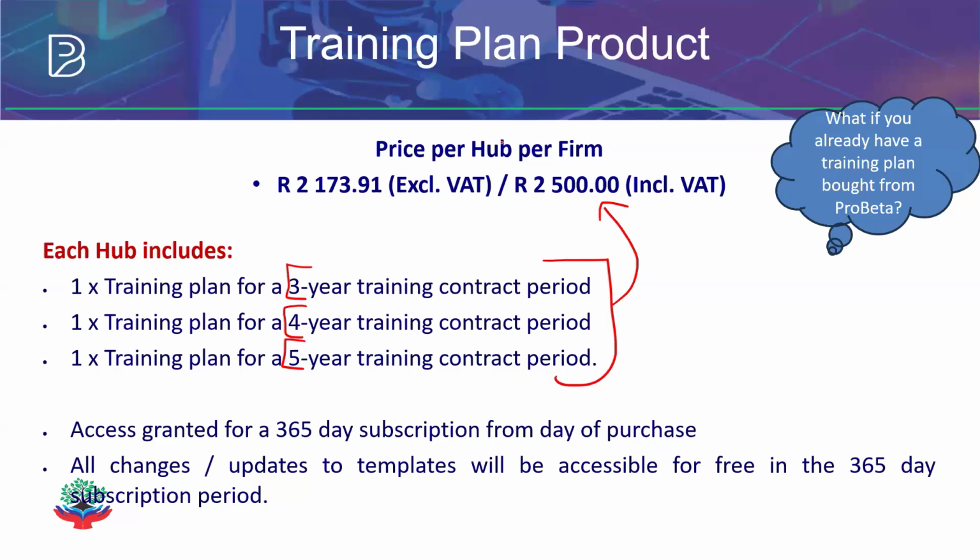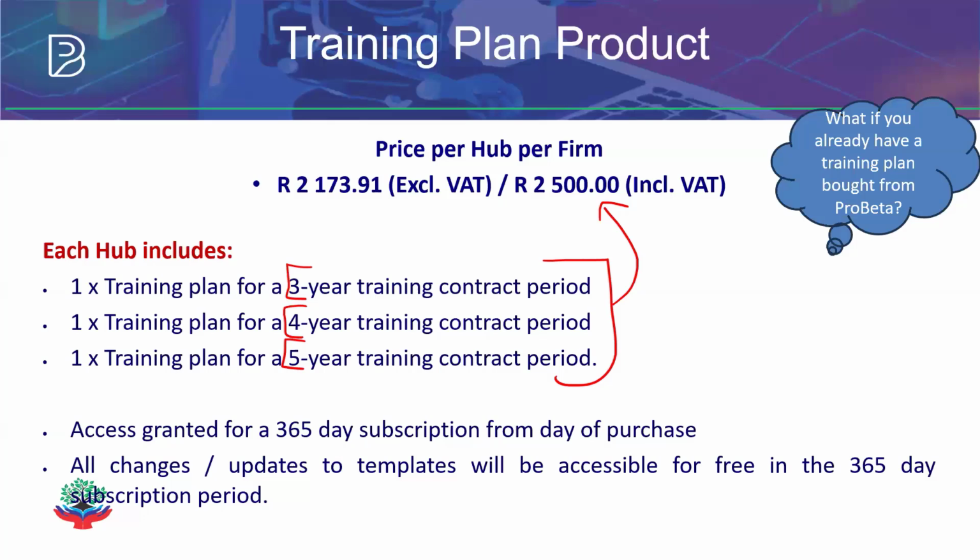Now, in terms of this training plan hub or website, if you will, when you pay the 2,500 Rand, you're effectively given access to whatever is on that website for a year. Obviously, you're going to log in, you're going to download it onto your computer, and then you generally don't ever have to go back on again because now you've got it forever.